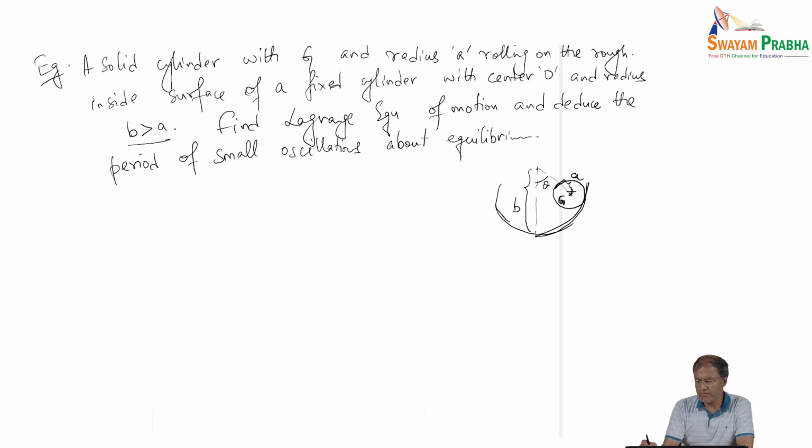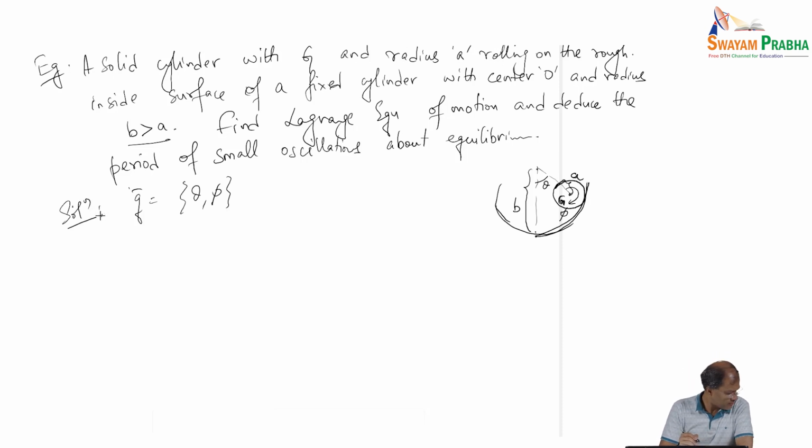The second generalized coordinate is the angle phi that the inside cylinder rolls through on the surface of the larger cylinder. So we have two generalized coordinates, q is given by theta and phi, and we can expect two Lagrange equations of motion.